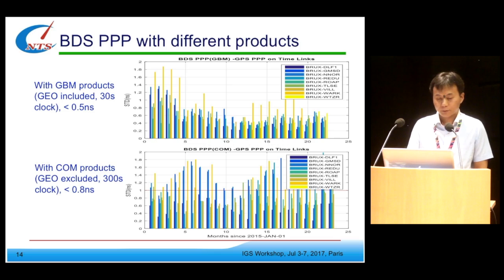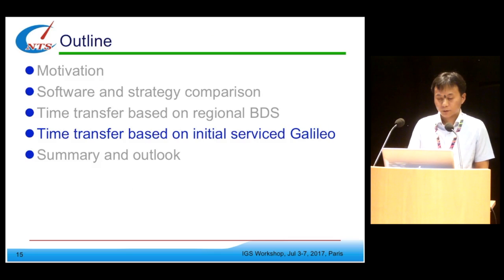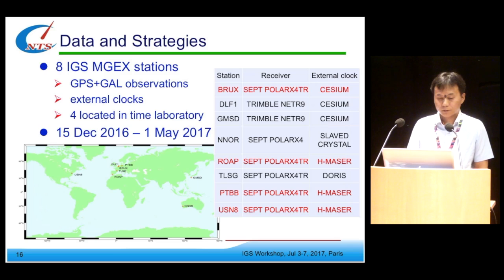Okay, let's move on to the results of Galileo. 8 stations were selected, and the data span is from 15 December 2016 to May 1st this year.